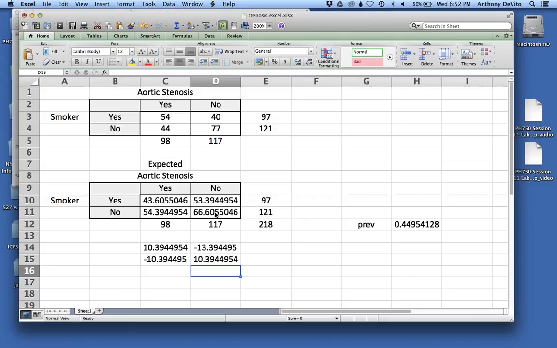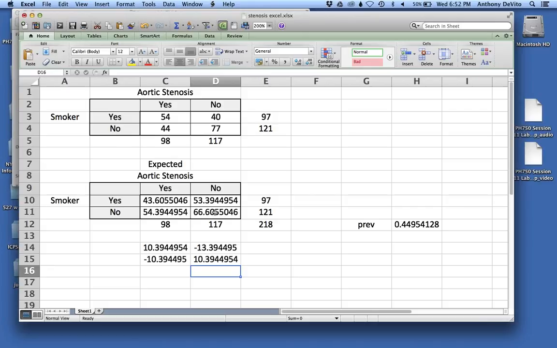The other reason is that if I redid this sample with another 218 people randomly selected from the same population, I wouldn't get exactly the same observed values. I wouldn't get exactly 54 among people who had aortic stenosis and were smokers. I might get 52, I might get 57.